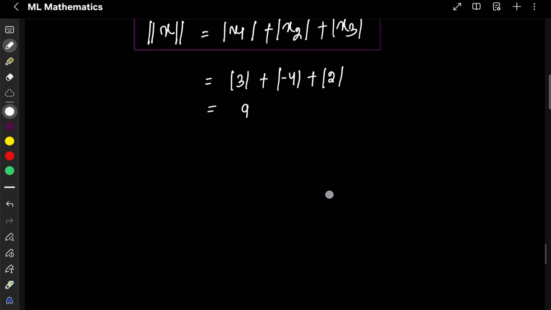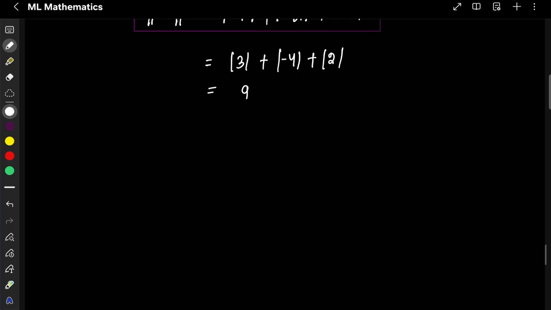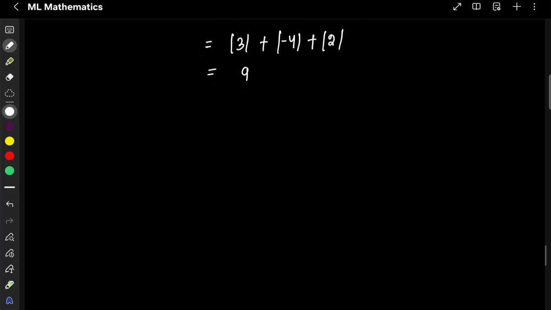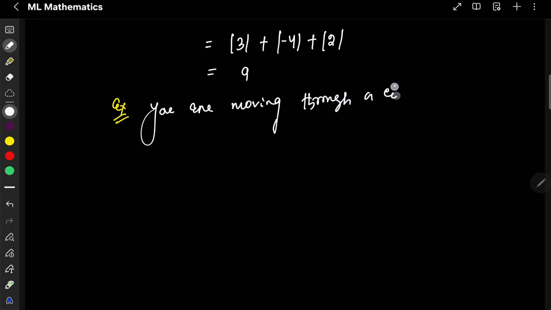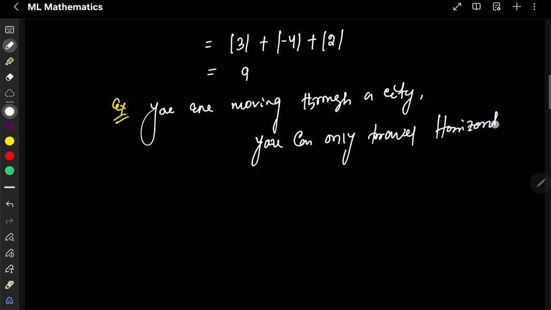What is the intuition behind it? Think like you are moving through a city. I'm giving you an example here. You are moving through a city, where you can only travel horizontally and vertically.